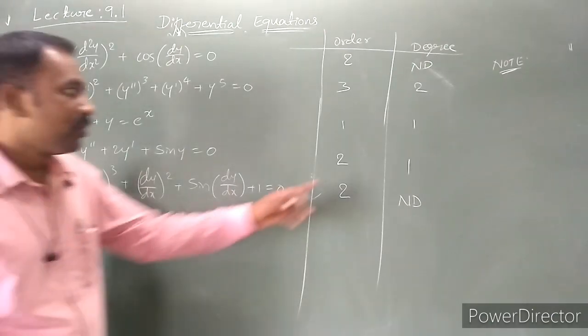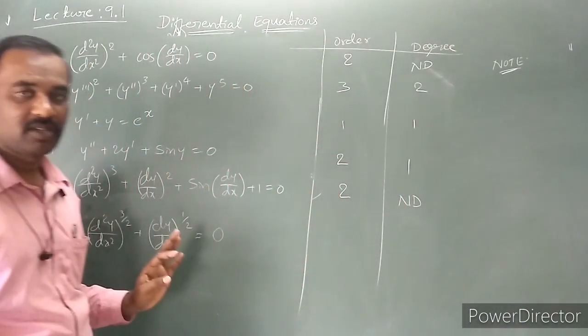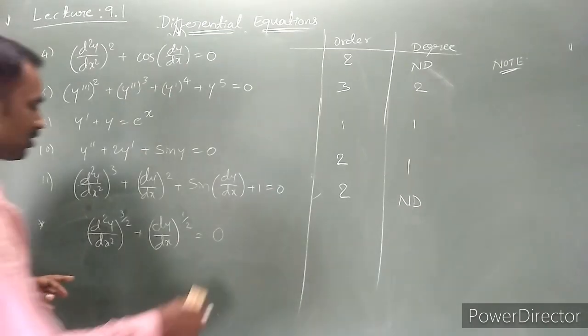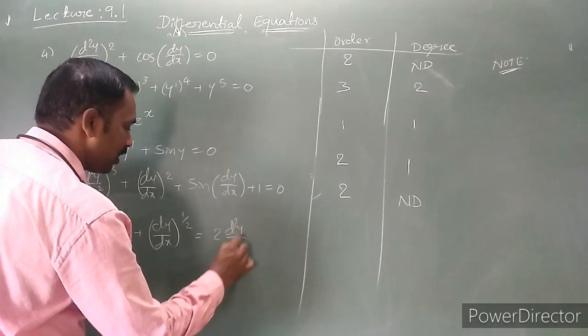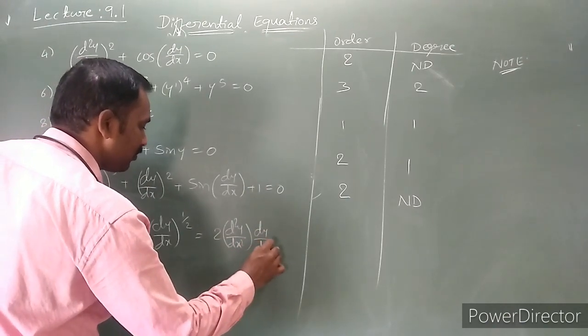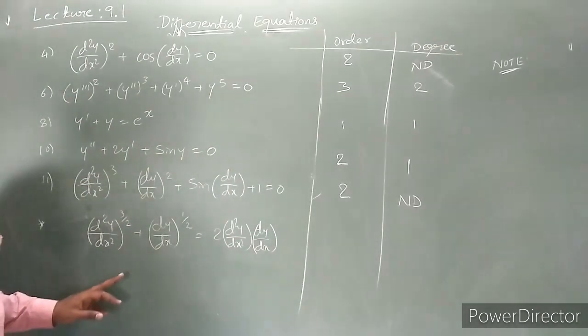As I mentioned, note that order and degree are both integers. Let me change this one a little: 2 times d square y by dx square into dy by dx. Now write the order and degree of the differential equation.